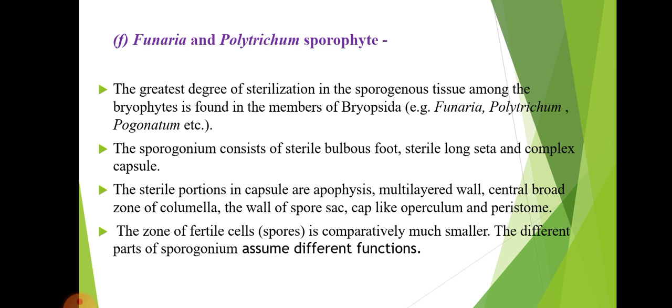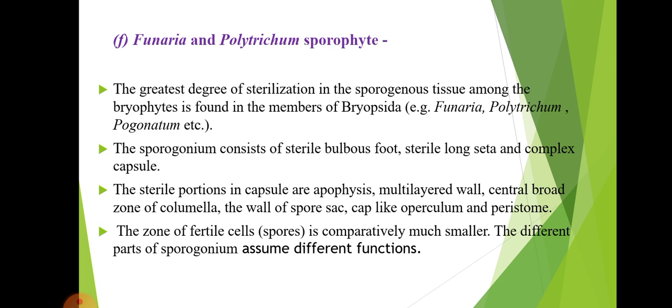And Funaria and Polytrichum sporophyte. The greatest degree of sterilization in the sporogenous tissue among the bryophytes is found in the members of Bryopsida. The sporogonium consists of a sterile bulbous foot, sterile long seta, and complex capsule.